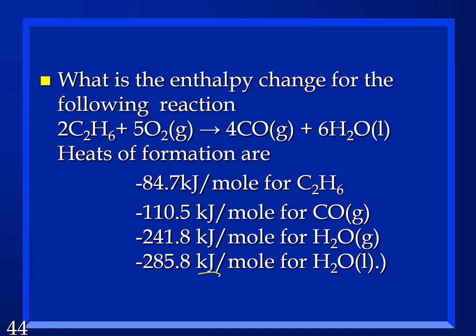The delta H for this is the products minus the reactants. So the products are 4CO. So I'm going to take 4 times the 1 for CO, negative 110.5 kilojoules, plus the other product, water. So 6 times that number for water, and the water's the liquid one, so it gets a little bit more energy, 285.8 kilojoules.